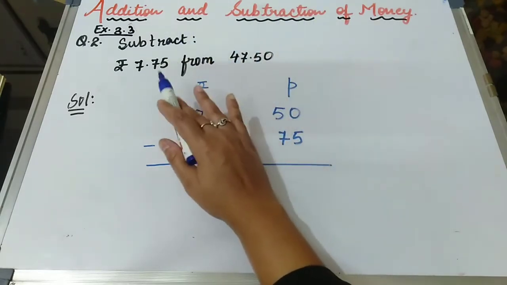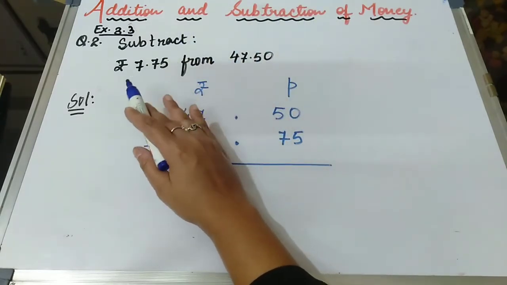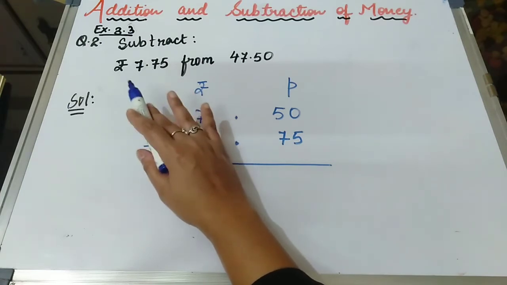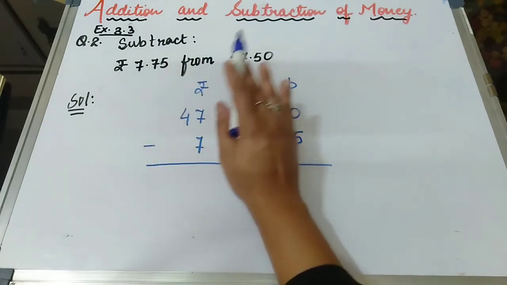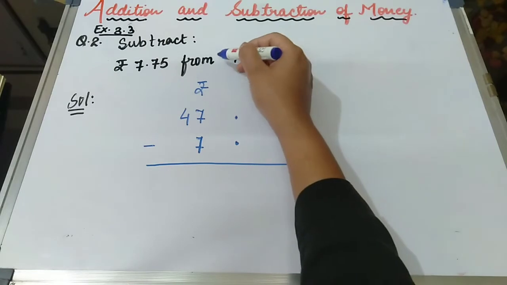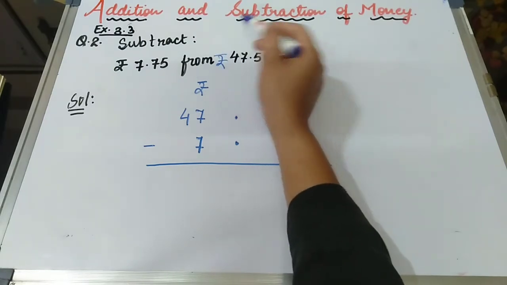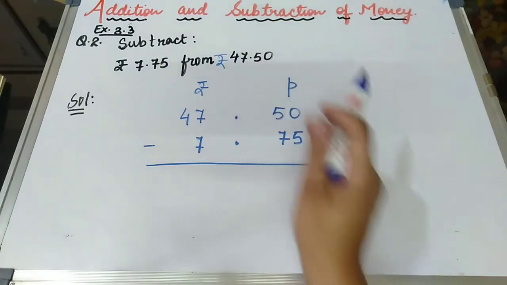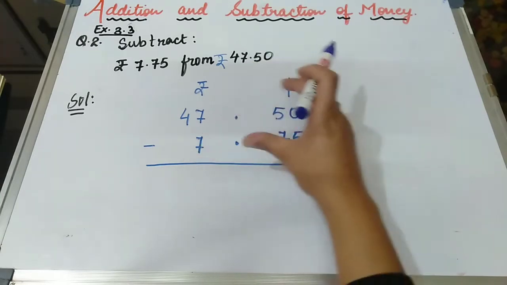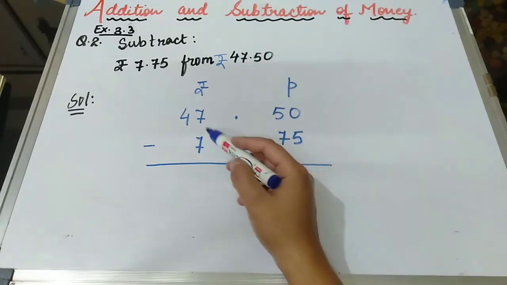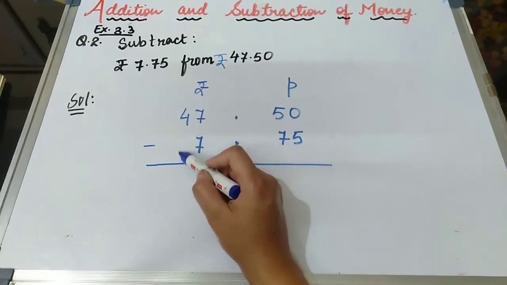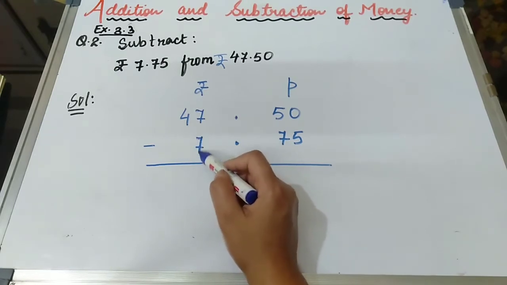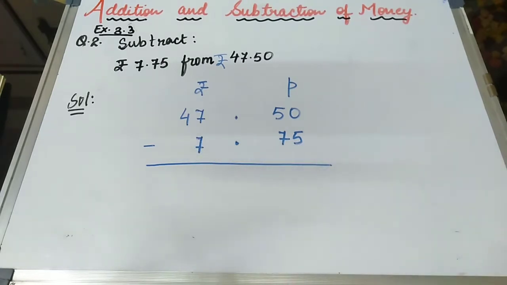So question number 2A is to subtract rupees 7.75 from rupees 47.50. So the same thing we have to do, arrange in column and write the numbers. Okay, and you have to keep in mind that 7 will not come over here. You have to arrange the numbers according to their places.